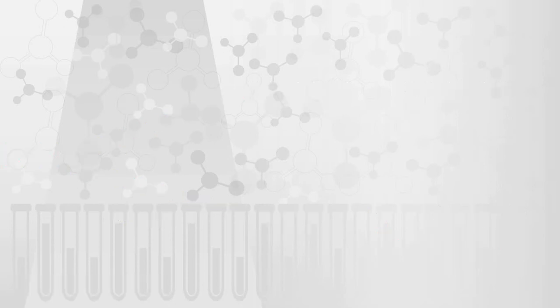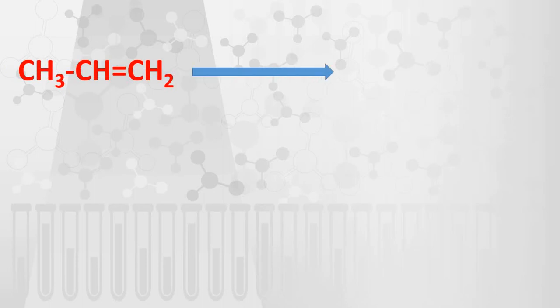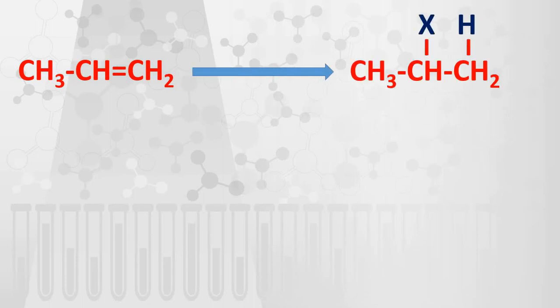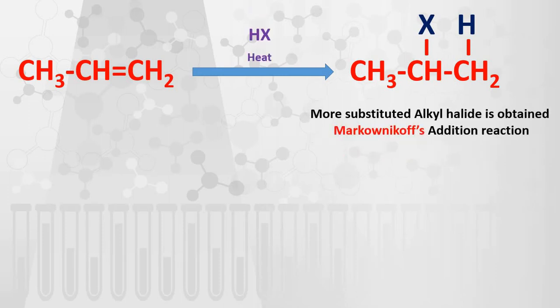Now we will see which product is exactly going to form by Markovnikov's addition and by anti-Markovnikov's addition. Here this propene reacts to form the more substituted alkyl halide, and this is the product obtained by HX on heating, according to Markovnikov's rule.